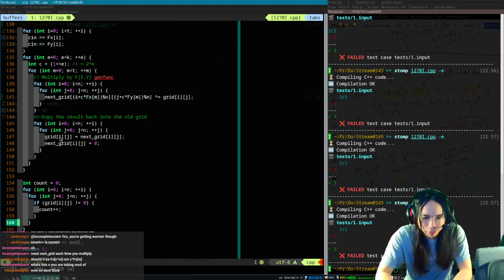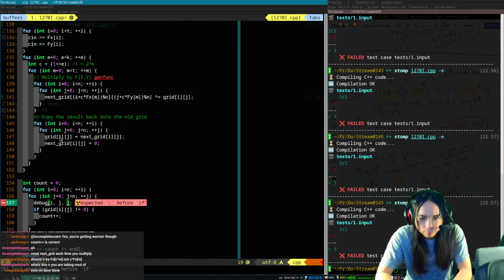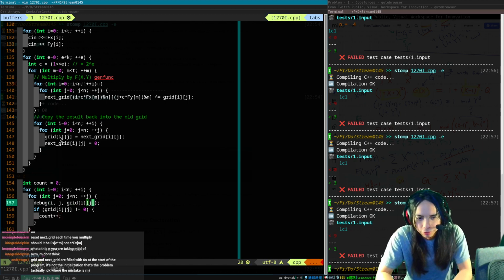Okay, well I want to see what the entries of the grid are. So see out or debug. Well, we'll also debug print the... okay, let's see what the hell happened.